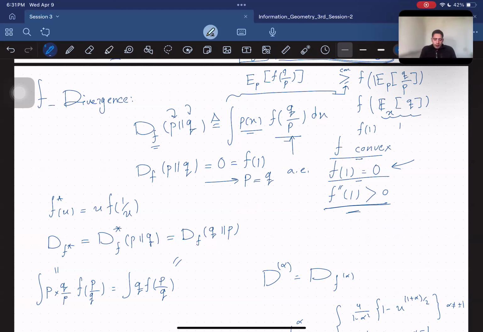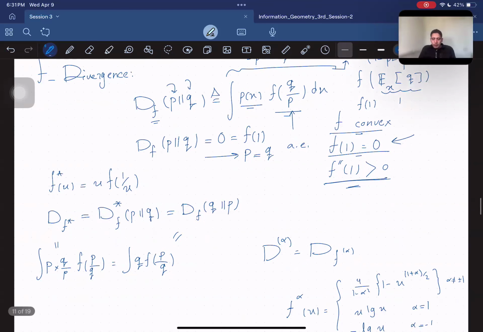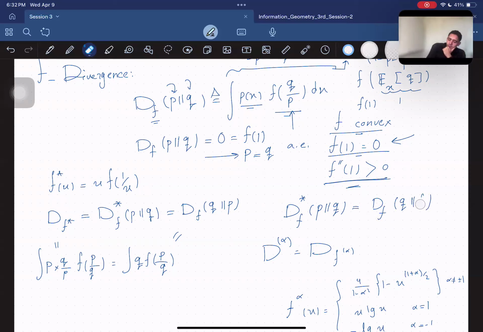Now, there is a lot of literature about divergences. The only thing we are interested in is the duality and how the duality works here. So we already defined D star of F to be equal to D of Q and F. So it's like the integral of p(x) F of p over q instead of q over p.